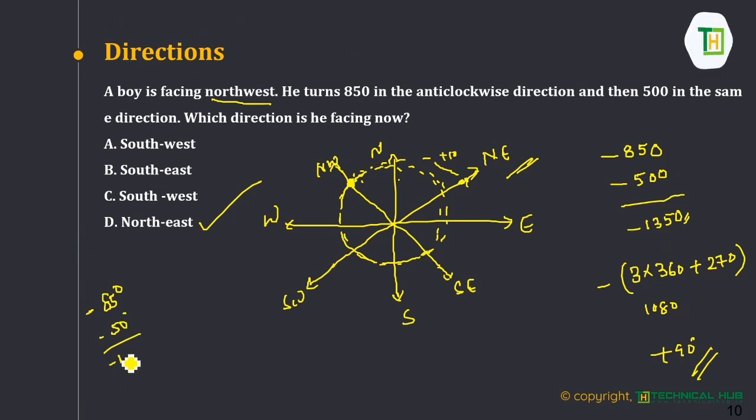Minus 135 means 90 plus 45, so in this case south is the answer. This is minus 135. So if considered as 85 degrees, the answer is south. If considered as 850 degrees, the answer is northeast.